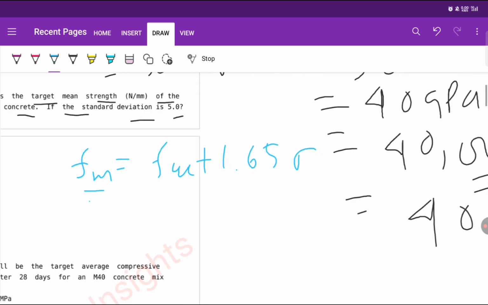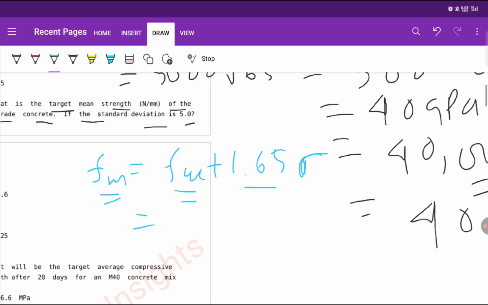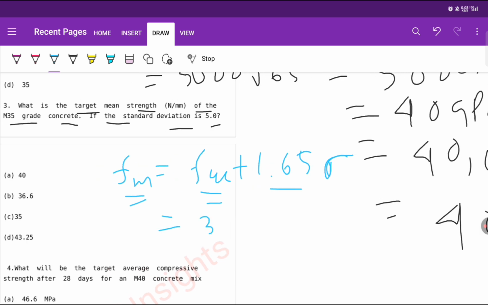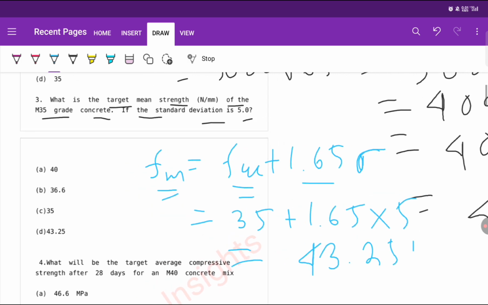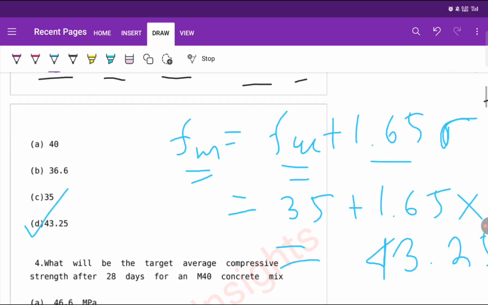Here fm means target mean strength, fck means characteristic compressive strength, and sigma is the standard deviation. If we put the values, fck is 35 plus 1.65 into the deviation, which is given as 5. If we calculate, we will get 43.25 megapascal or Newton per mm square. So D is the correct answer.